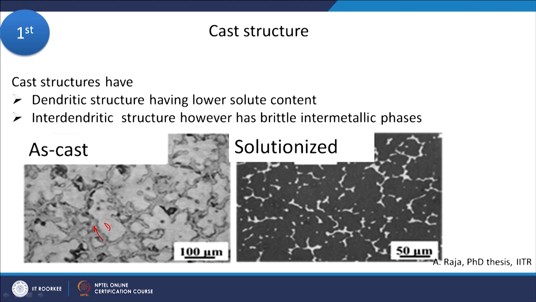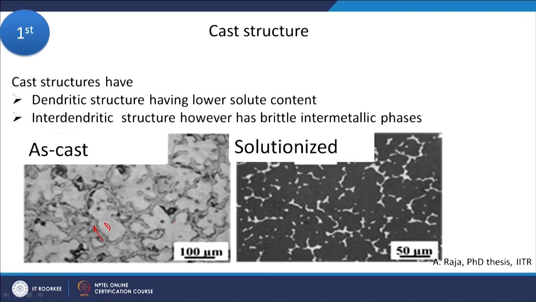If you do a solutionizing, that means you take this material to high temperature, keep it for a sufficient amount of time, then what will happen? Because there is a segregation of solute, solute is having different composition at different places, there will be diffusion.